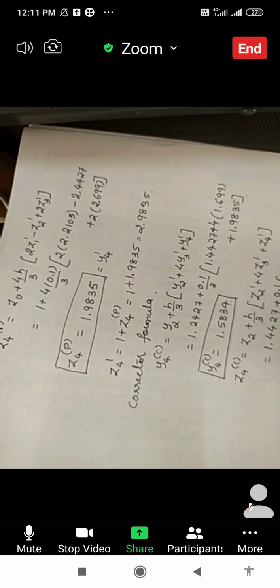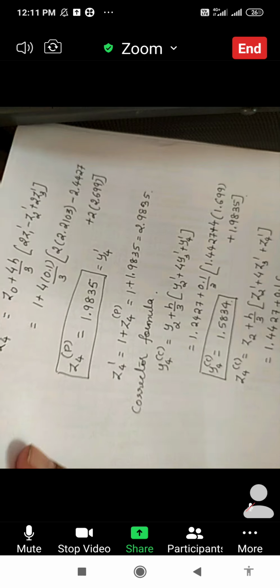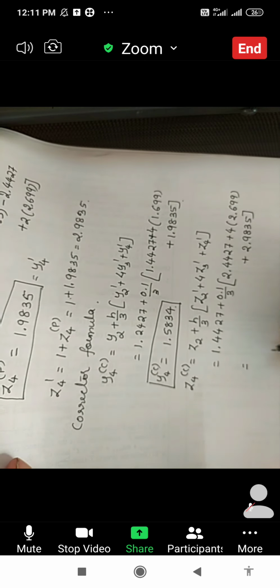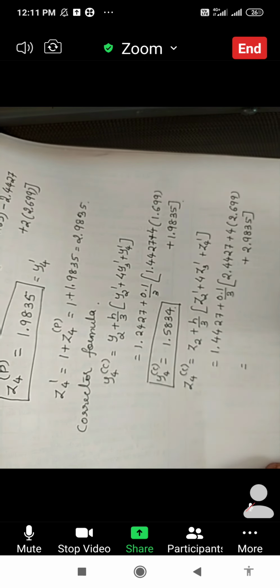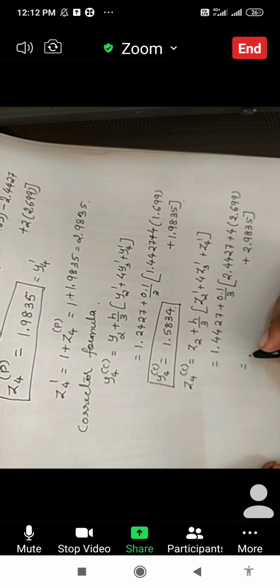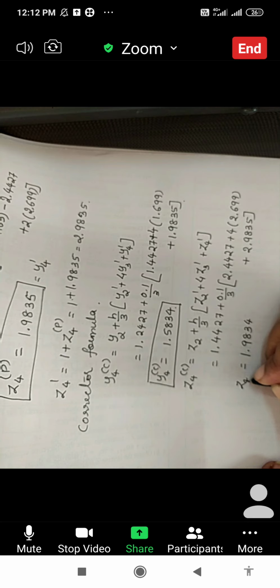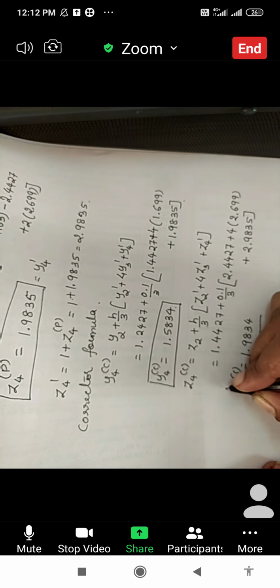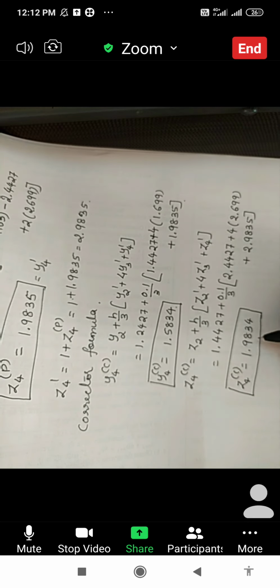Do the calculation. 9834. The difference is very, very little, you can say 0.0001.